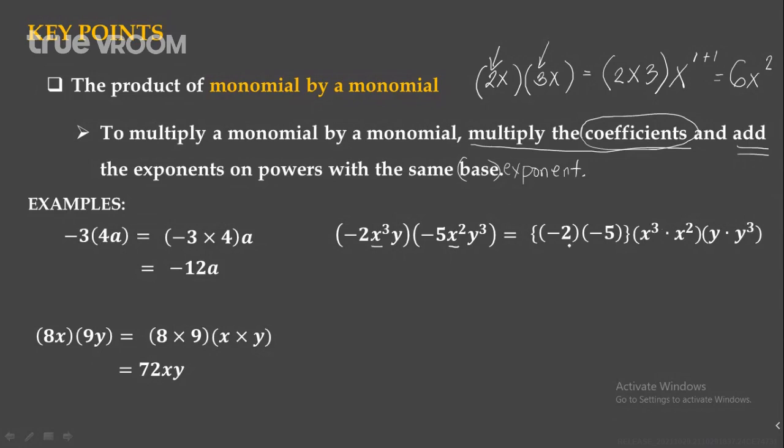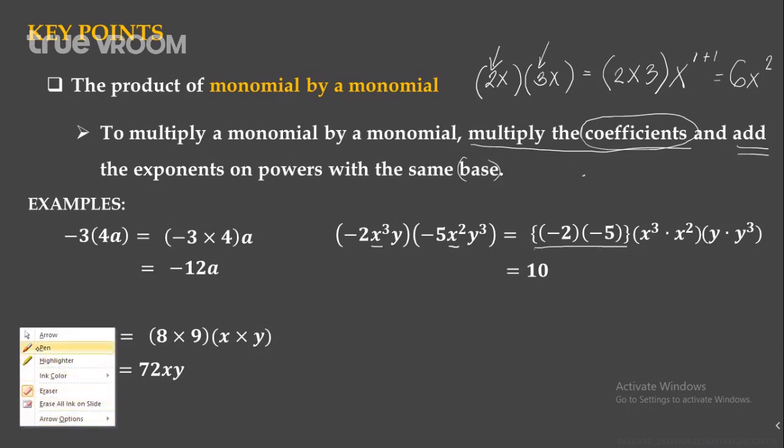So negative 2 times negative 5 is equal to what? Positive 10. Next, x cubed times x squared. Remember the rule: you are going to add the exponents on powers with the same variable.